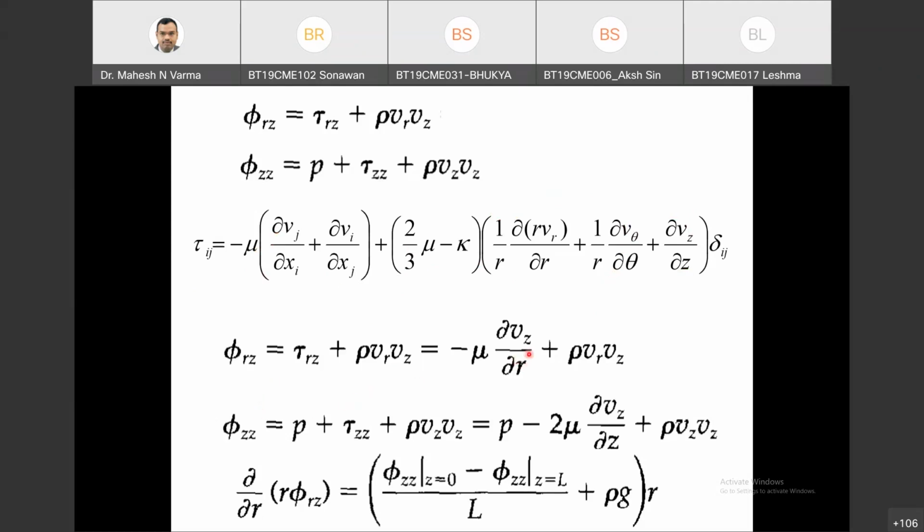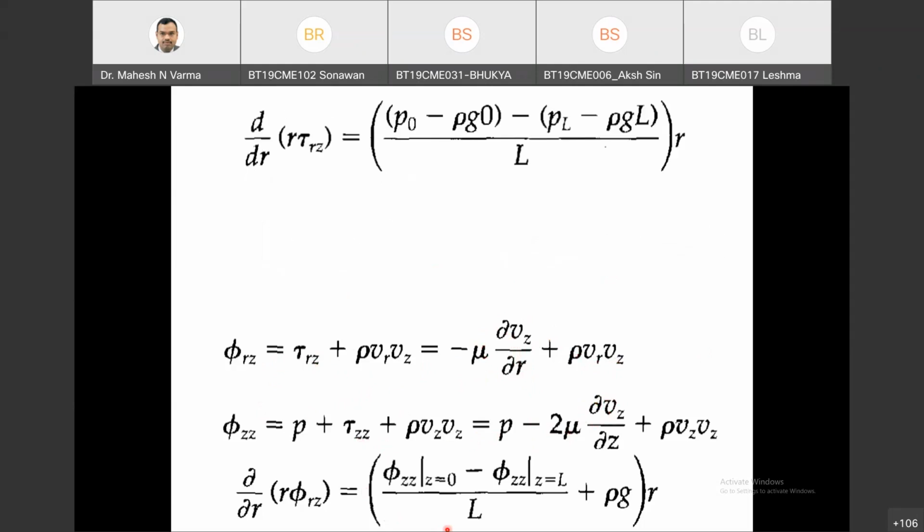Here tau rz will be equal to mu dVz by dr, and this tau zz will be equal to 0. Substituting this equation and rearranging the equation. Everybody is following?